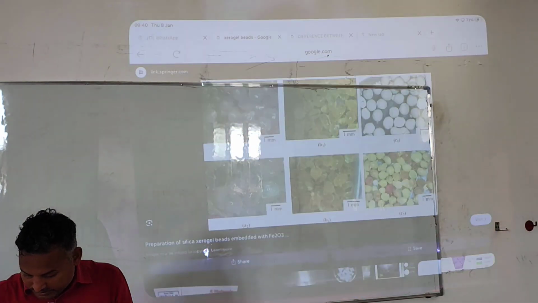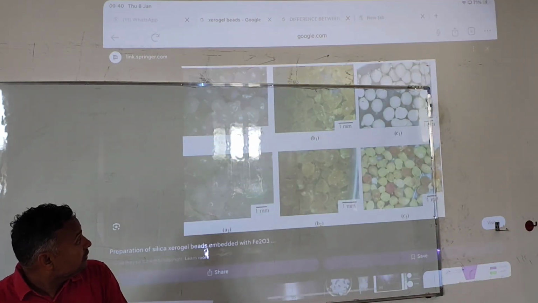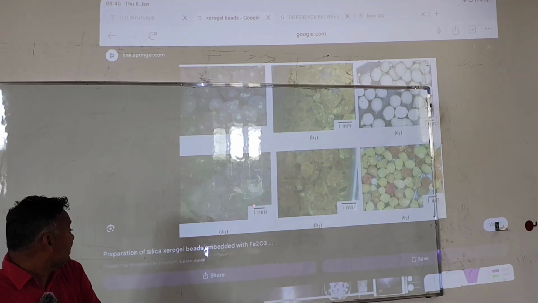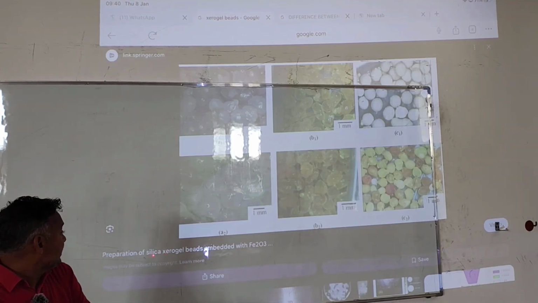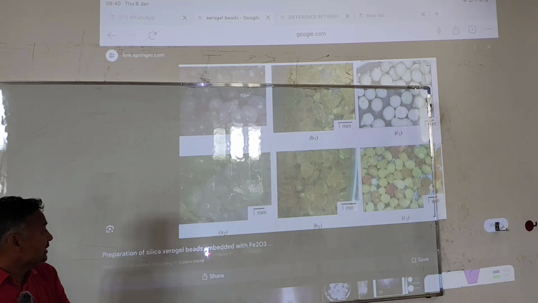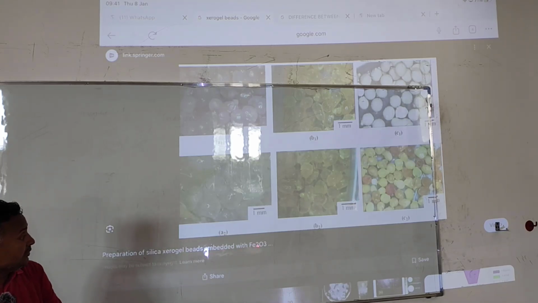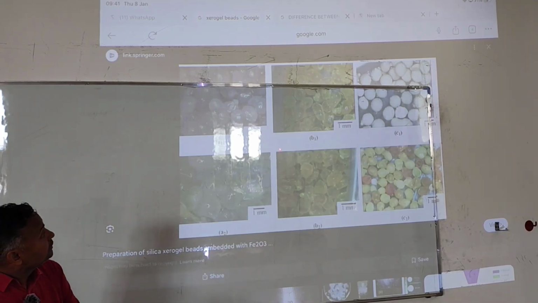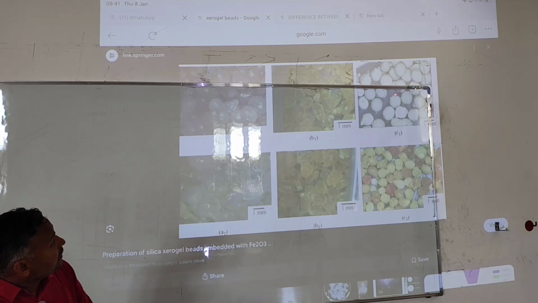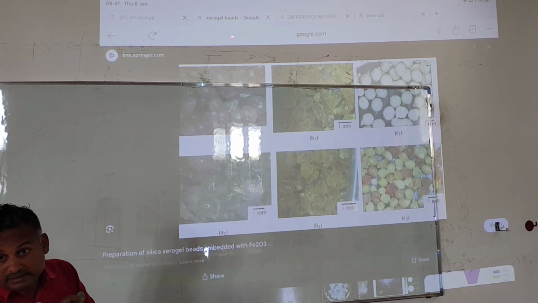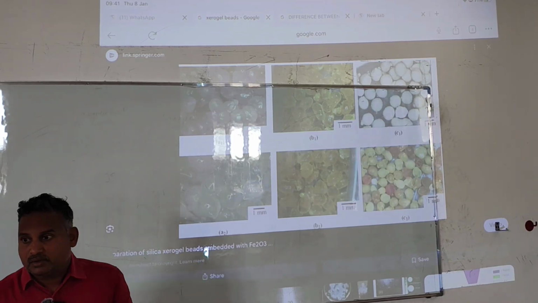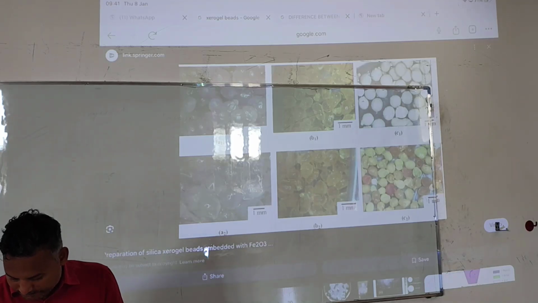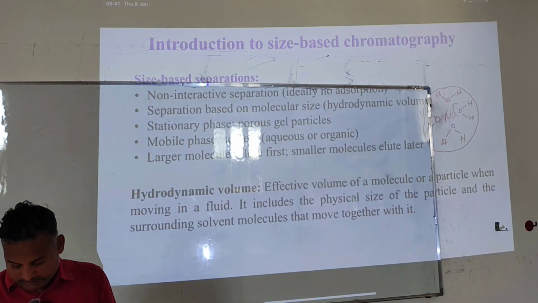Here, I kept an image. These are silica xerogel beads embedded with iron oxide. Okay, so the beads look like this. These are xerogel beads.